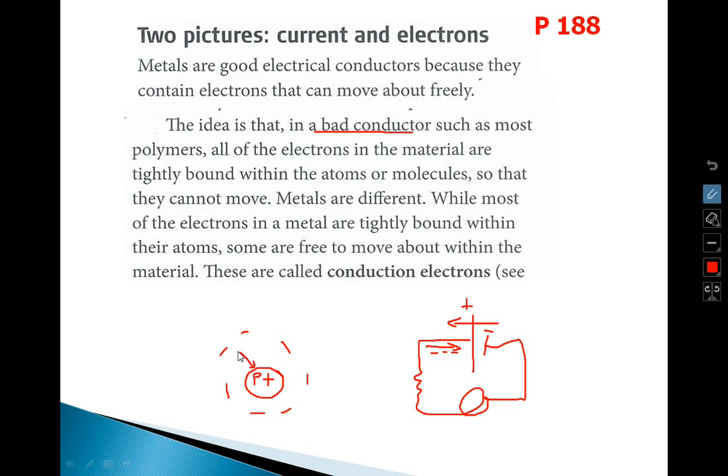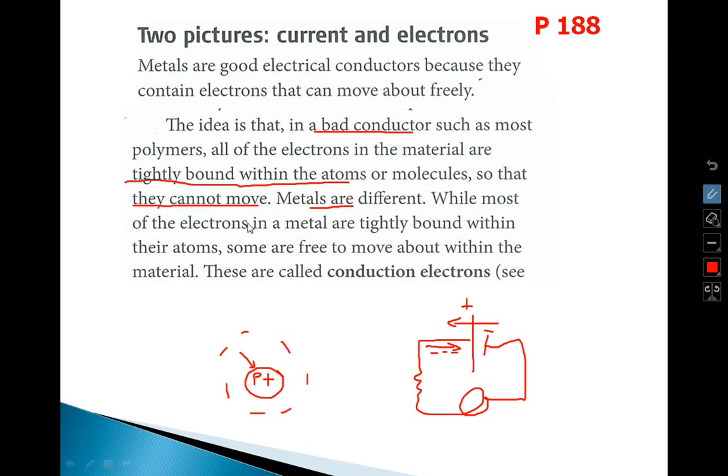There is a strong connection between protons and electrons, so they are tightly bound within the atoms and cannot move. Metals are different.